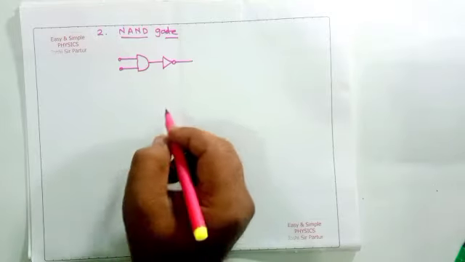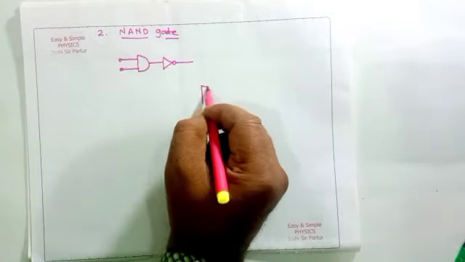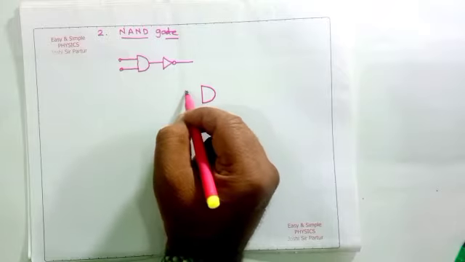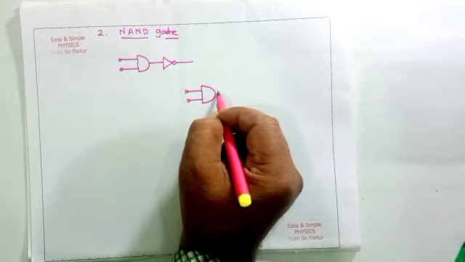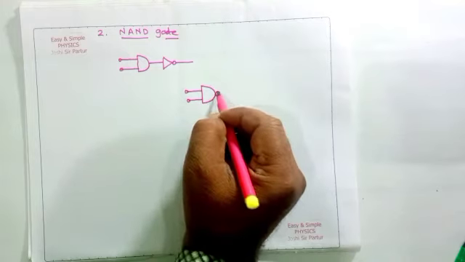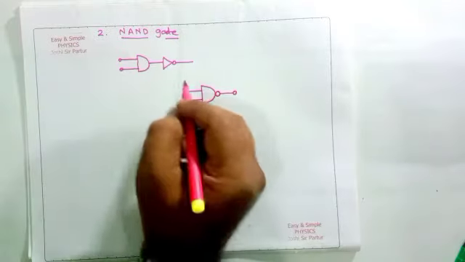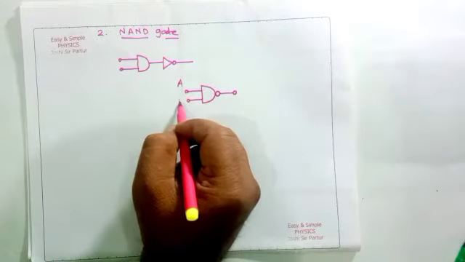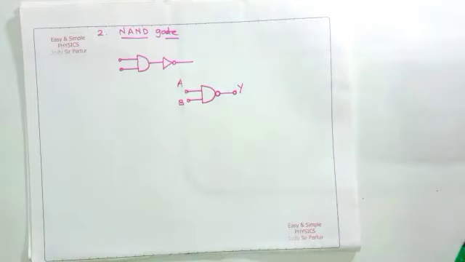That is the symbol for the NAND gate. See here, two inputs are there and this circle represents the NOT gate, and one output is there. The two inputs are named A and B, and the output is named Y.